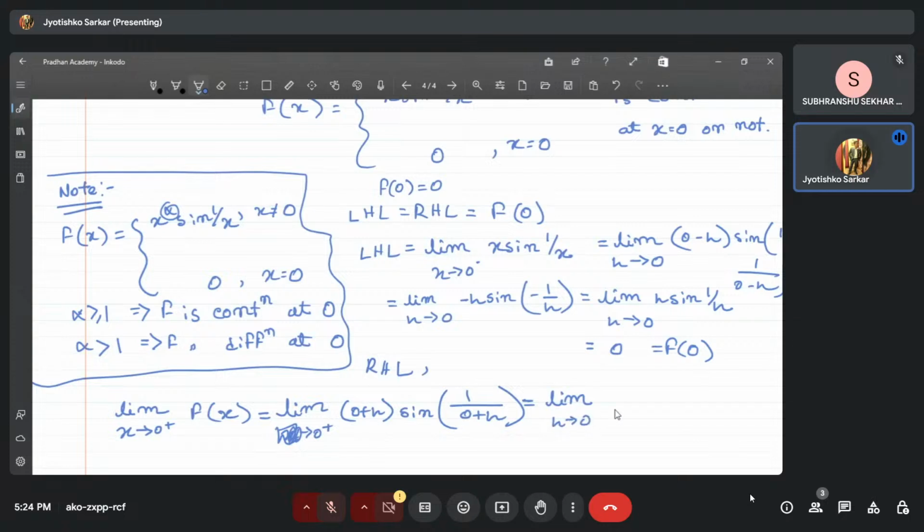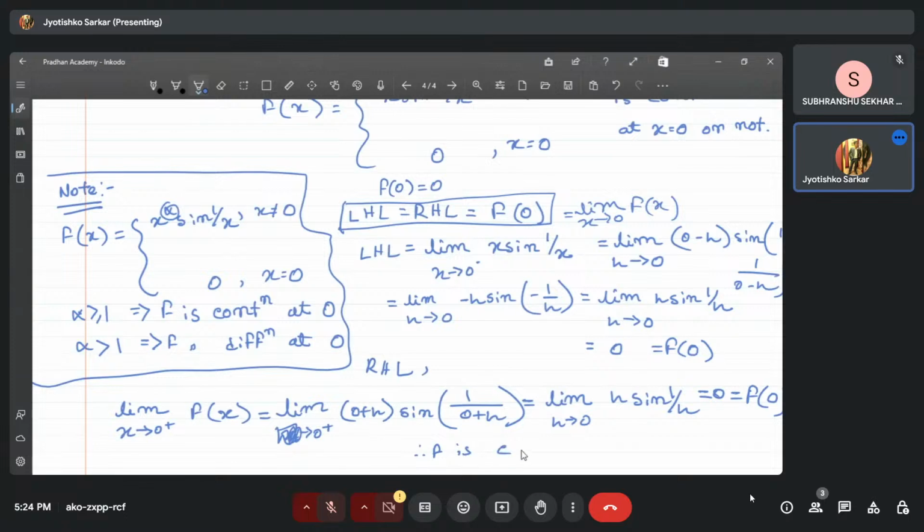Limit h tends to 0, h sine 1 by h, and this is also 0. This is also equals to f0. So this condition is satisfied. LHL is equals to RHL. It means limit x tends to 0, fx exists, and this is equals to f0. So the function is continuous at x equals to 0.